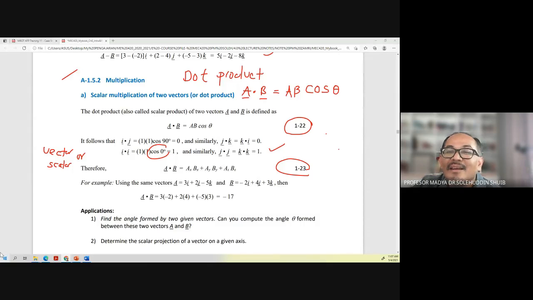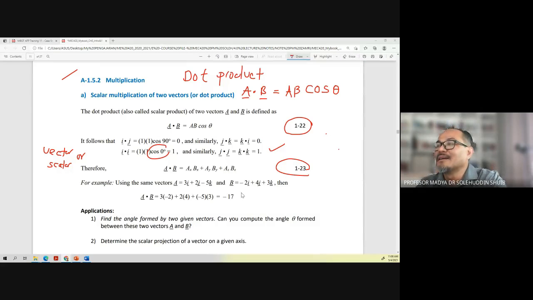Raise your hand. Only two. What happened to the rest? Maybe they are contemplating. Okay, so the dot product is a scalar, right? So you have a value there, only a magnitude, no direction.